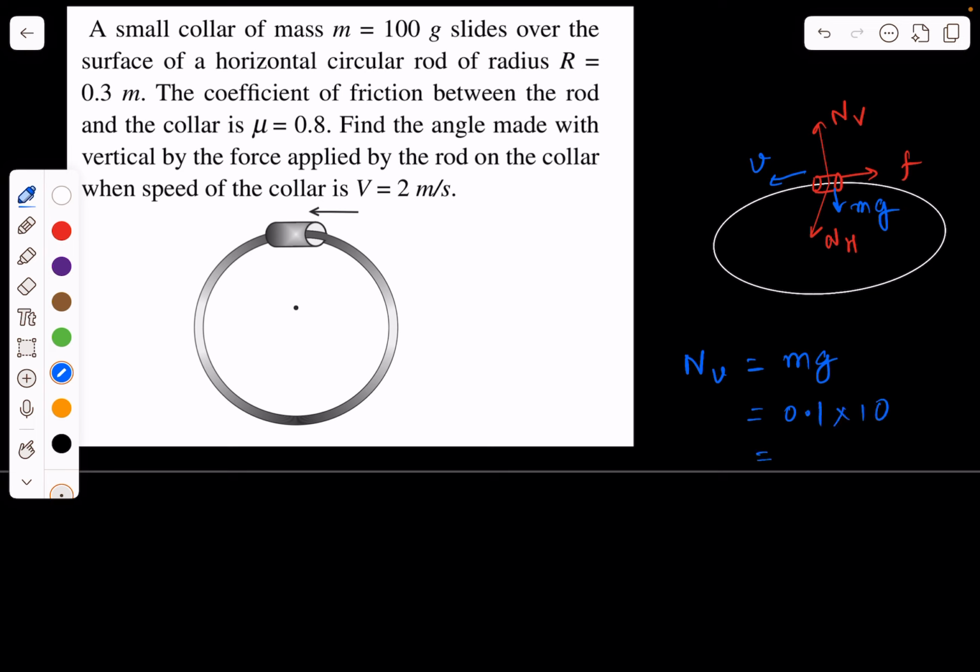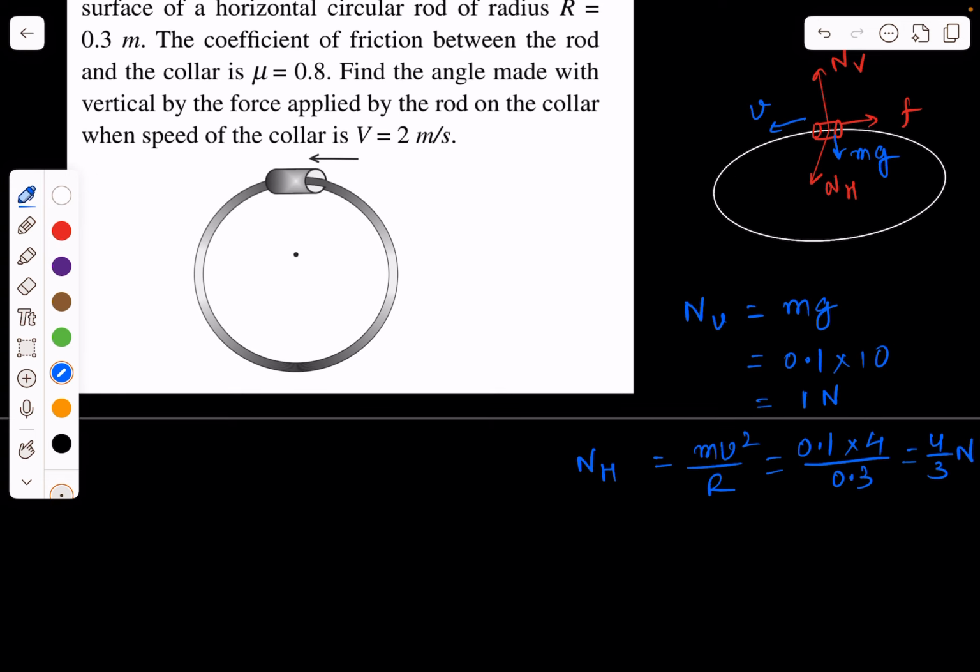So NV will come out to be 1 Newton. NH is responsible for the centripetal force, and NH in this case will be mv square by r. So let's put in the values. 0.1, and speed is given, that is 2 meter per second. The square of 2 will be 4, divided by radius 0.3. So this comes out to be equal to 4 by 3 Newton.